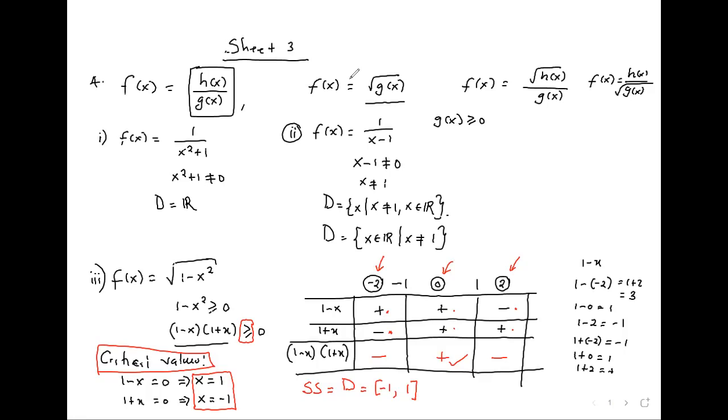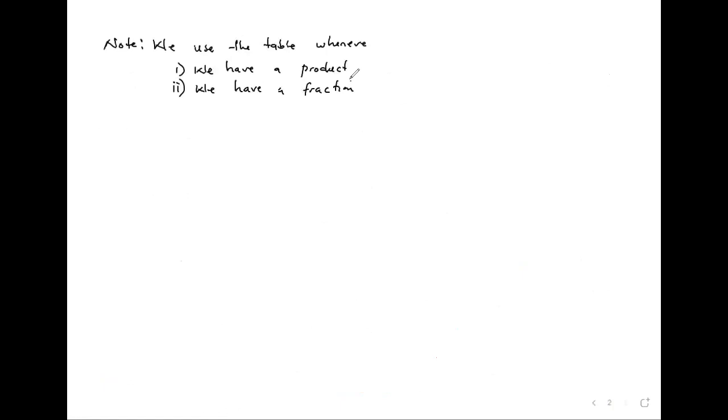So we have another one. The fourth one, f of x is equal to the root of x squared minus 1. Again, x squared minus 1 should be greater or equal to 0. So x minus 1, x plus 1 is greater or equal to 0.